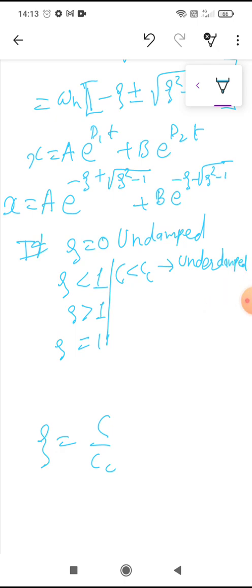If zeta is greater than 1, this means that the system is overdamped. The damping is high. And if zeta is equal to 1, it means C is equal to Cc, which means the system is critically damped.